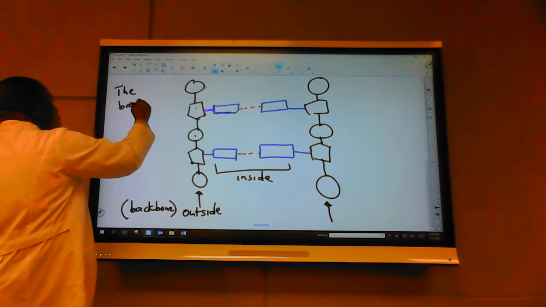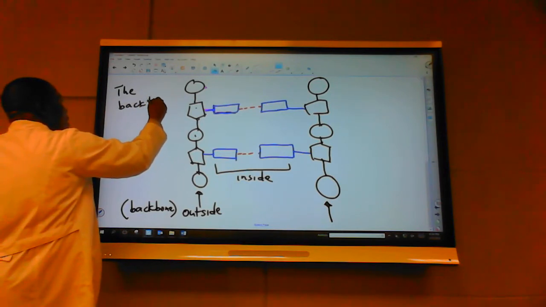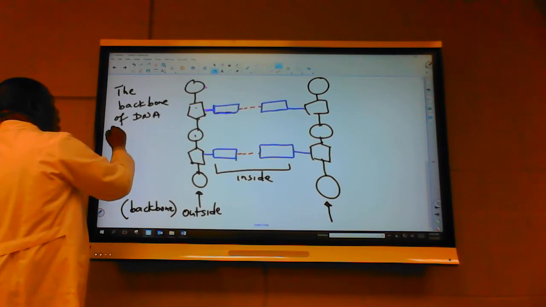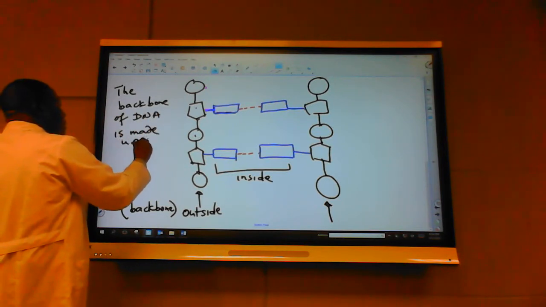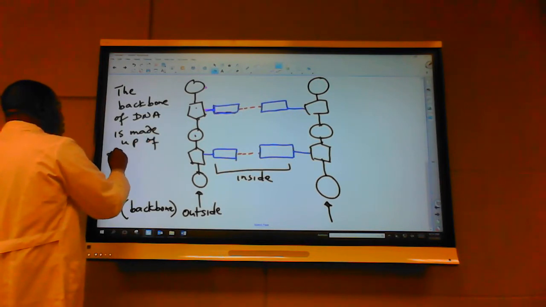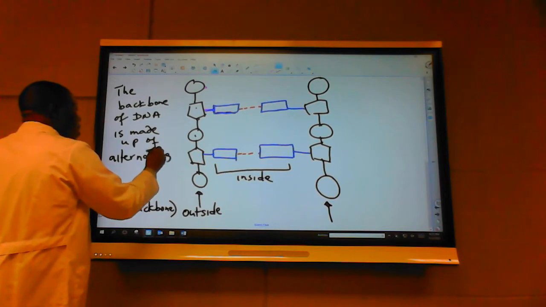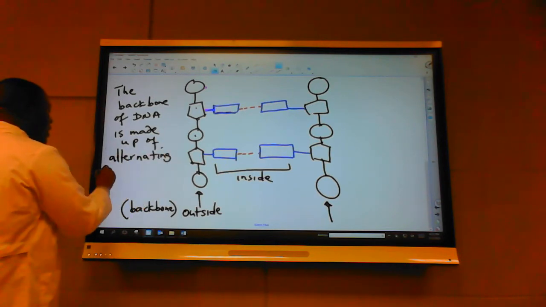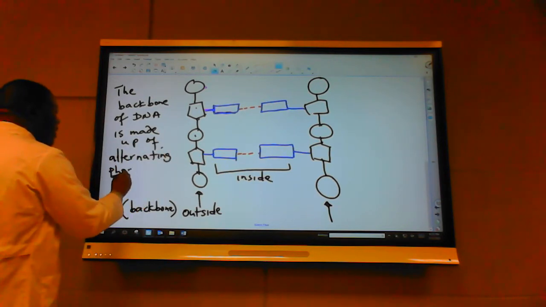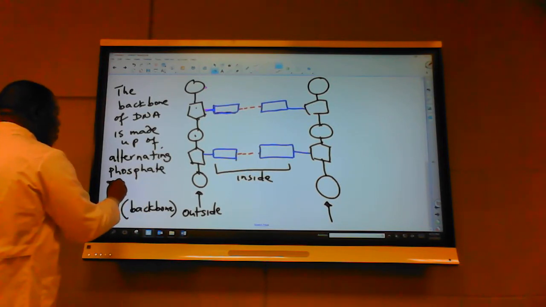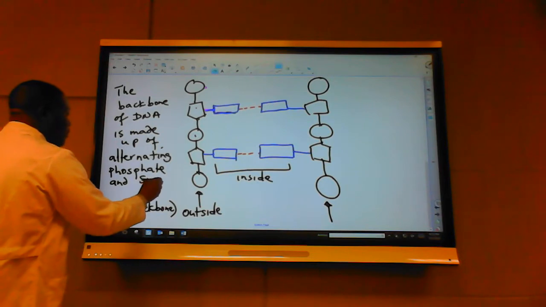Write down: the backbone of DNA is made up of alternating phosphate and sugar.